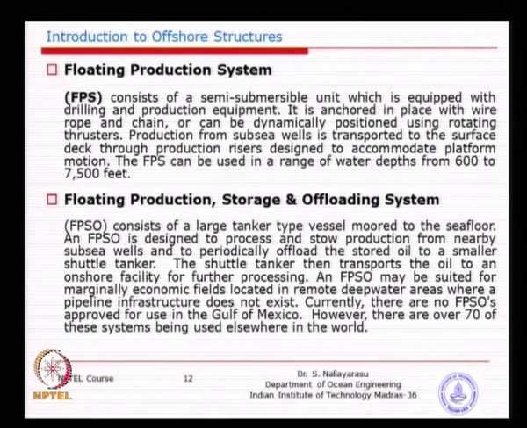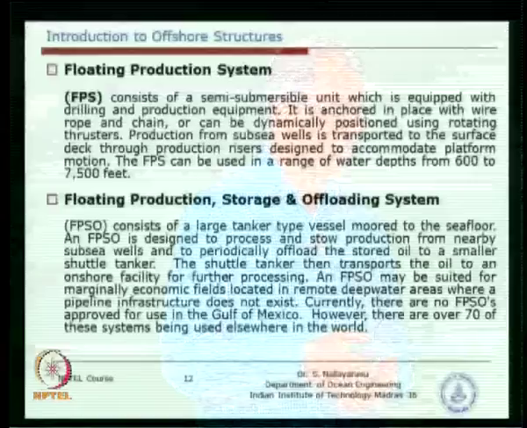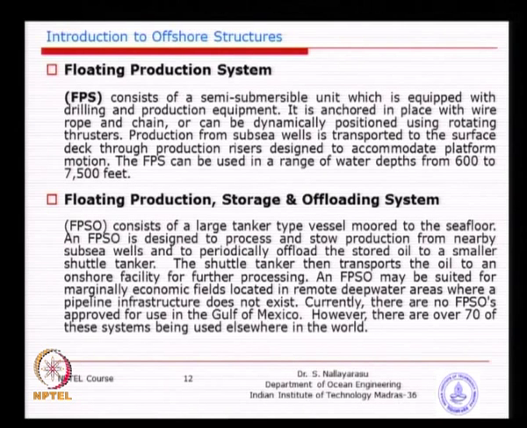And then we have floating systems, the conventional production system or the floating production, storage and offloading. Either way, when you have this, you do not have the storage facility, it goes directly through a riser and pipelines, whereas FPSO means you have production as well as storage and then offloading intermittently to a tanker.